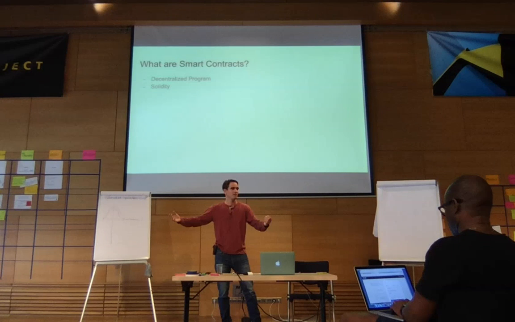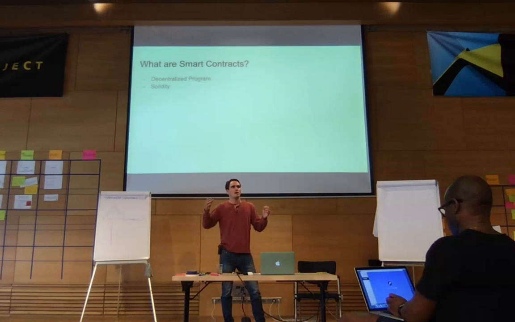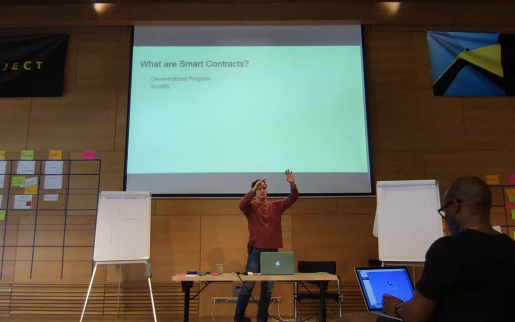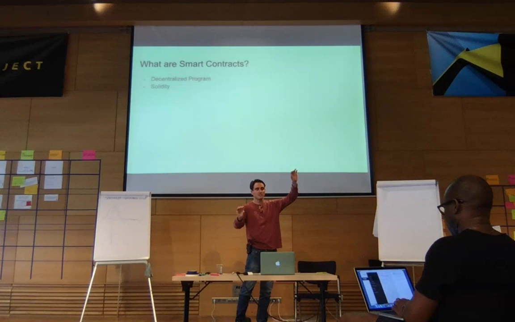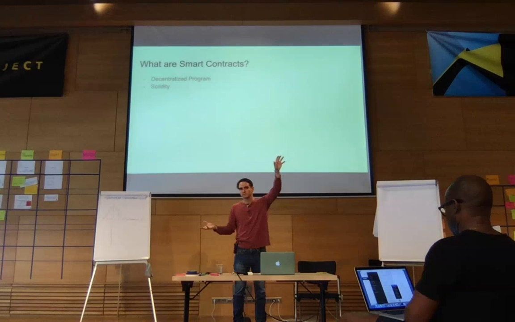This is just a fancy, technical word to describe that whatever language you create, as long as it can be translated into a language that the computer is able to understand, this smart contract code will be run, right?